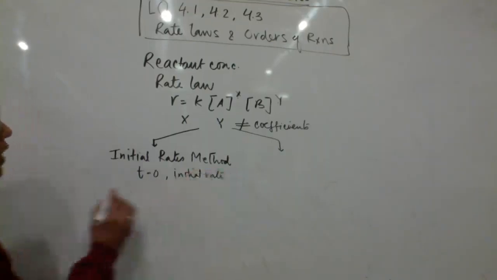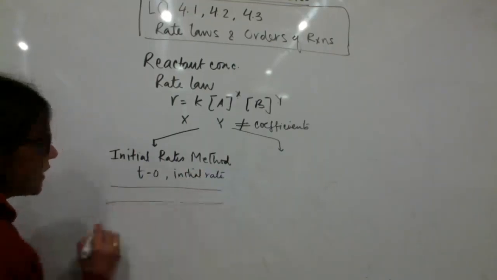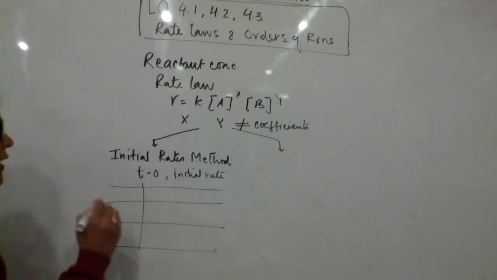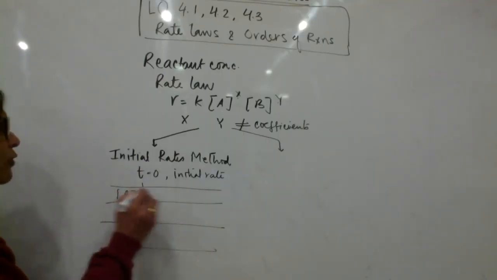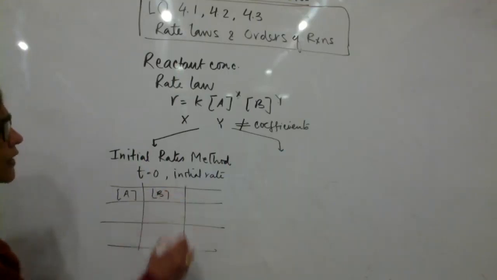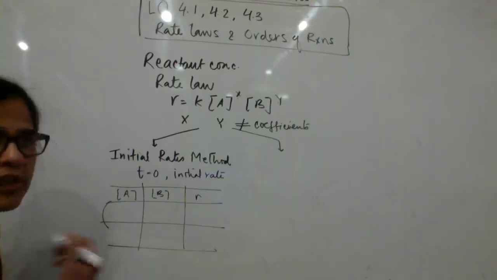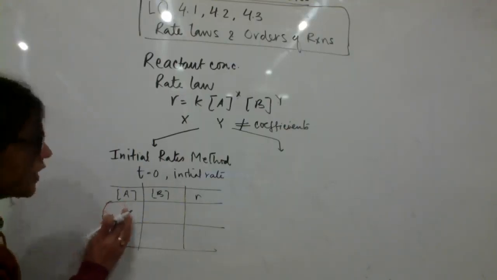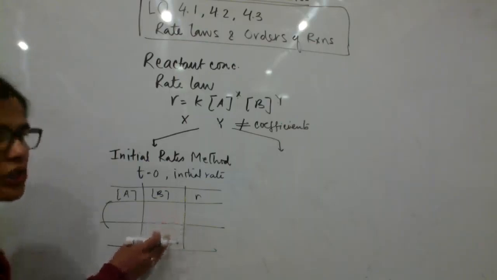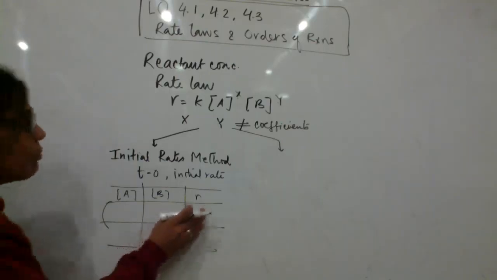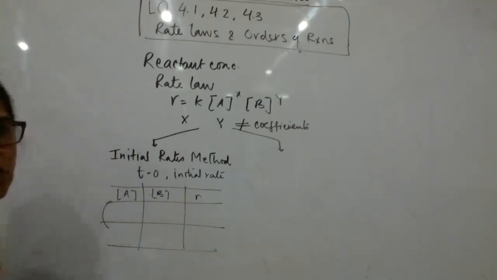And if you are going to use this method, then the table you will get will have molarity of one of the reactants, molarity of other reactants, and then the rate will be given. And using this, you can eyeball 2 data which are constant for one reactant and see by changing the other reactant, by what factor does the rate change.